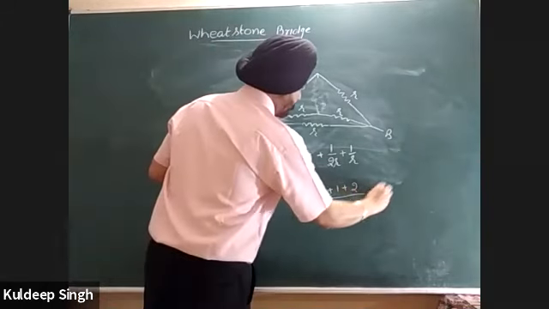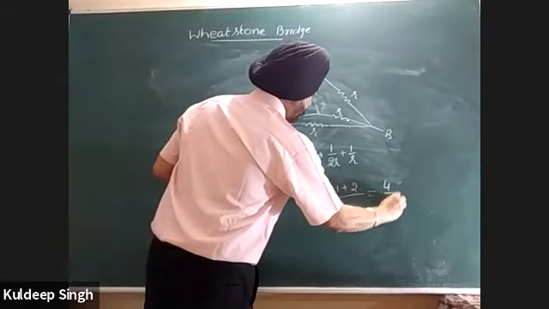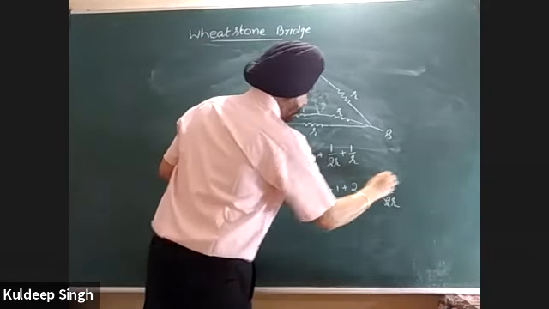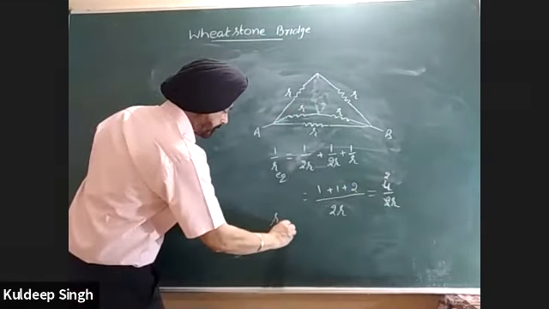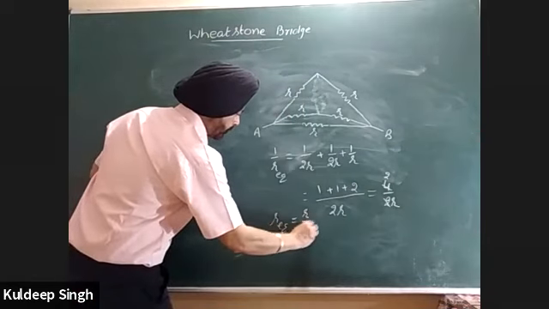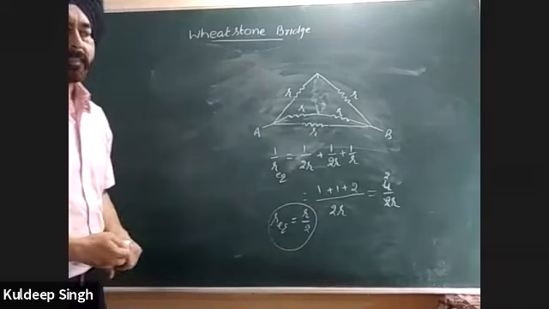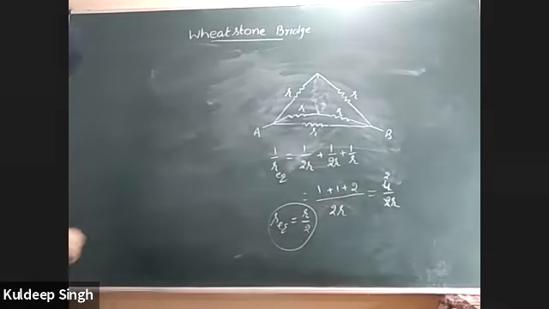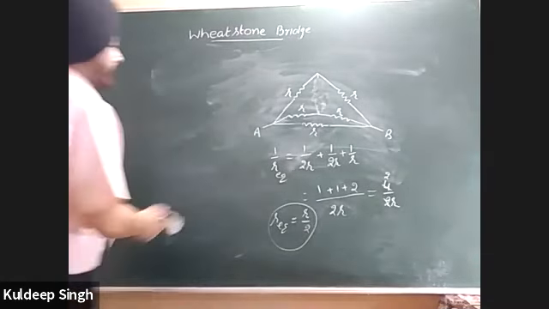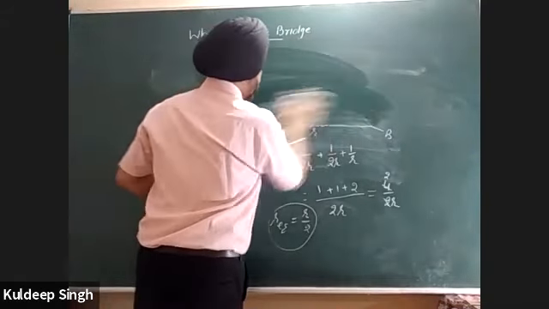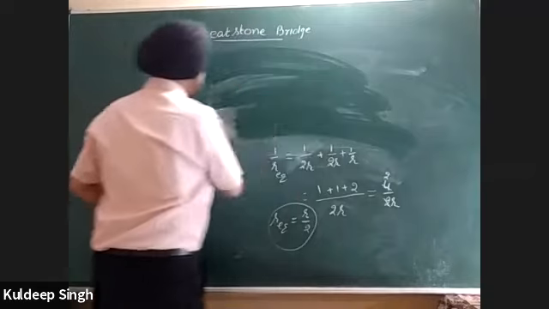Therefore, I get 4 by 2R. So R equivalent is equal to R by 2. So very easy to solve. Again, it is the Wheatstone bridge with one additional resistance connected to the combination.